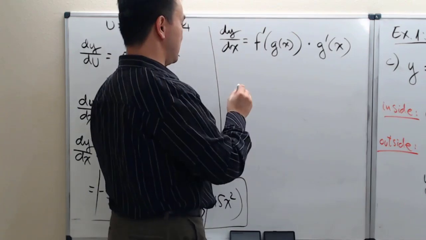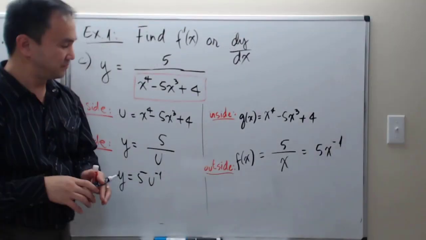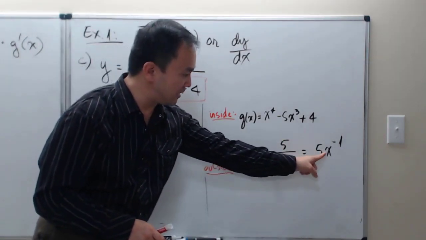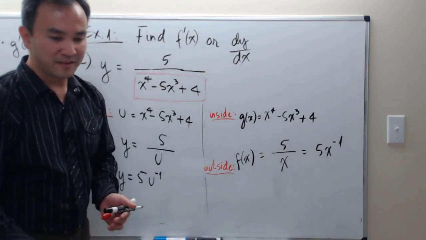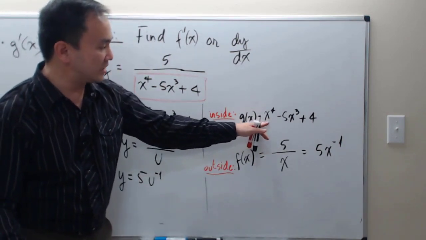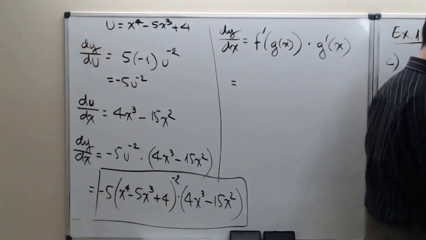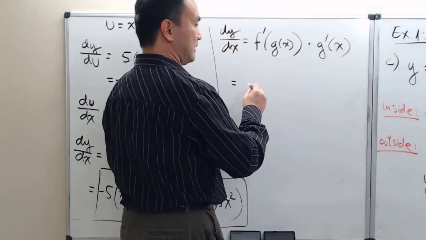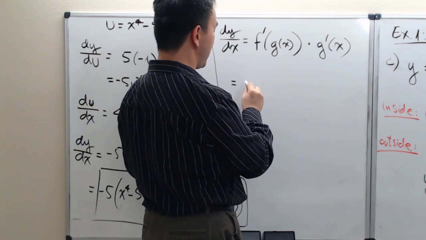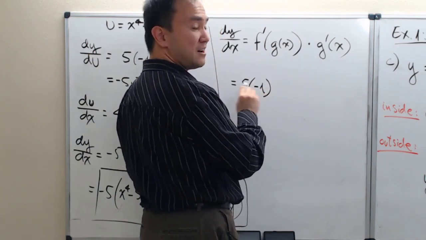Okay, and so f of x is the outside function, which is 5 times x to the negative 1 power. And of course g of x, the inside function, is x to the 4th minus 5x cubed plus 4. All right, and so the derivative f prime is going to be 5 times the negative 1, because the power comes down, and multiply.